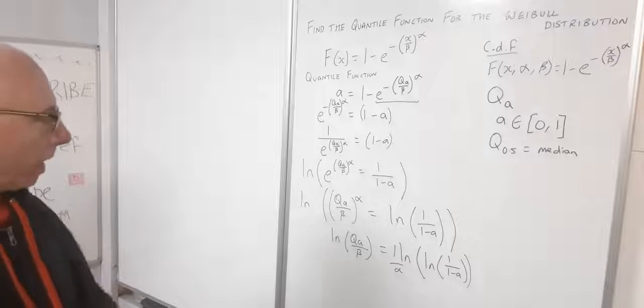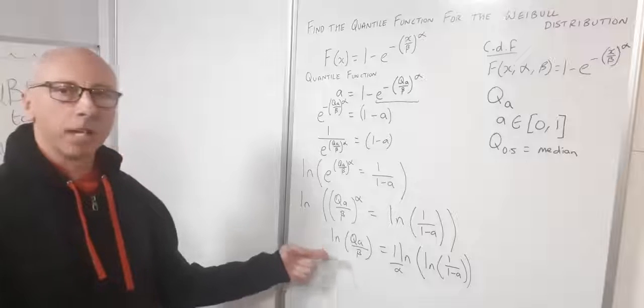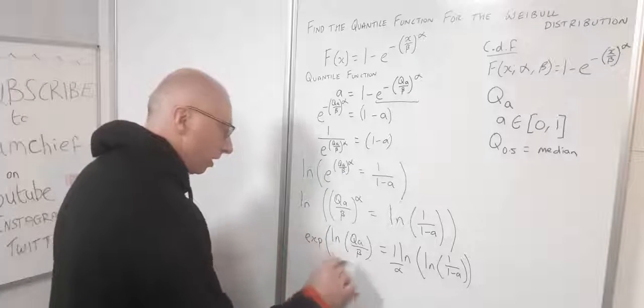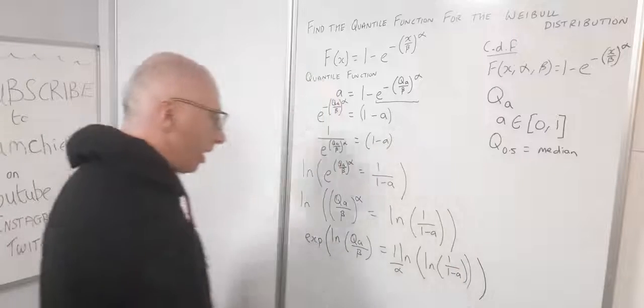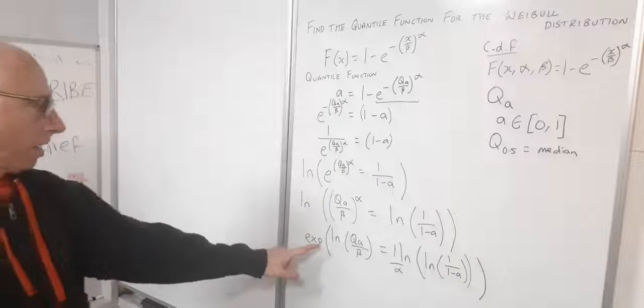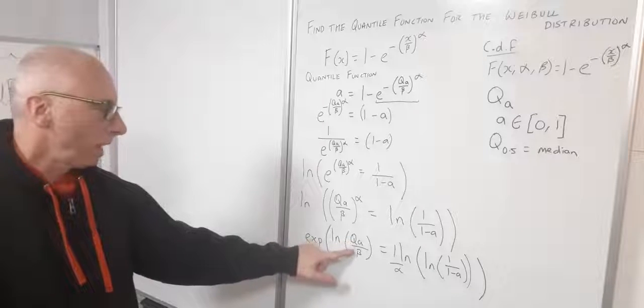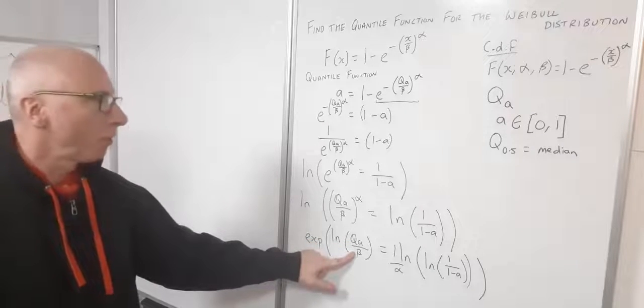Now what I need to do is take the exponential on both sides. That will get the exponential and the natural log to disappear, and I'll be left with my quantile function over beta.